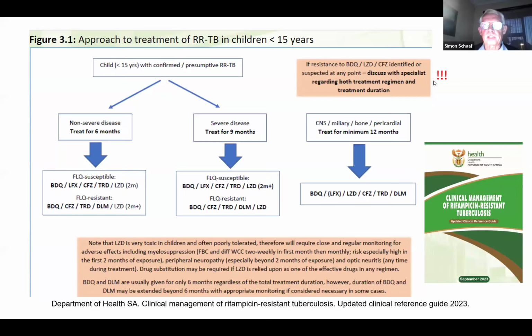And I've put on the side here a few red exclamation marks to remind me and you about the increase of bedaquiline and clofazimine resistance, which makes management of these patients very difficult.